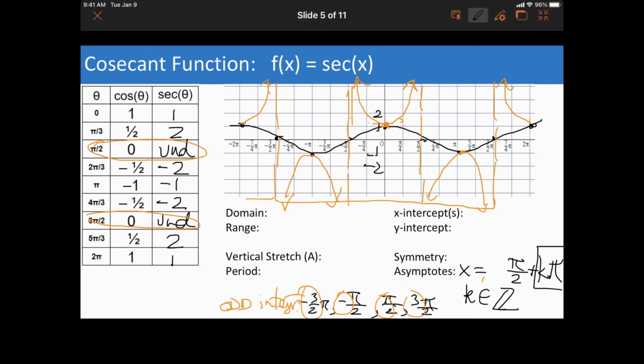So for domain then, x is all real numbers except where the asymptotes are, which is pi over 2 plus k pi. The range is just like cosecant. y is less than or equal to -1, and y is greater than or equal to 1 because it has that gap, right? It's here and up, so it equals 1, and then it jumps and has a gap.